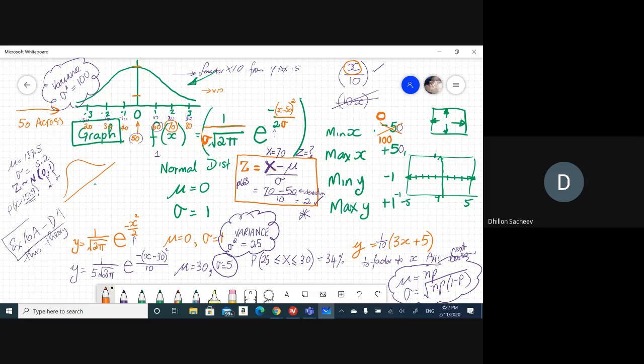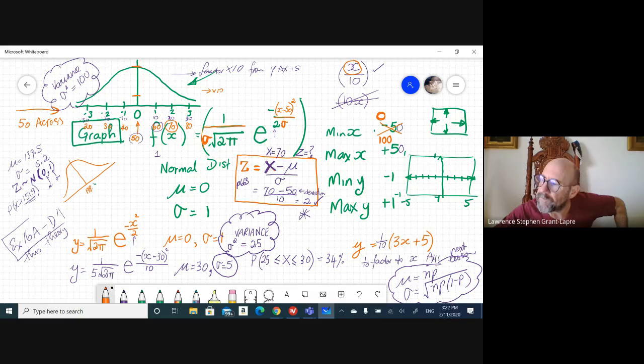I think it's 2. Yes, because 139.5, if you go up 6.2, you get 145.7. And then if you go up 6.2, you get 151.9.